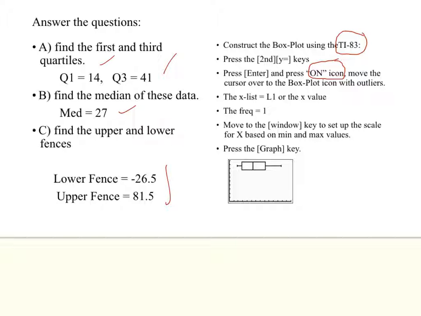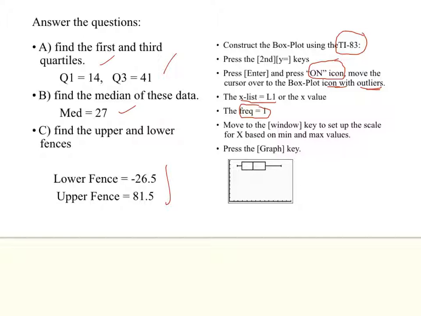Move the cursor over the box plot icon with outliers. So there's little dots next to a box, we'll press that. We'll move the cursor down to the X list, and if our data is in L1, we will make sure that we put in L1. Leave the frequency as equal to 1.